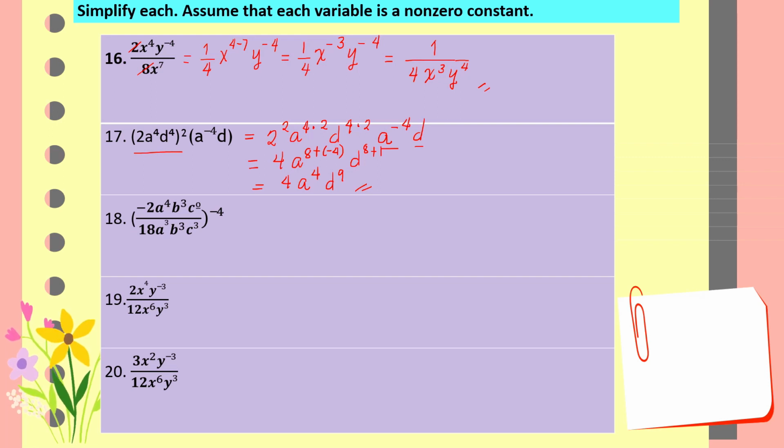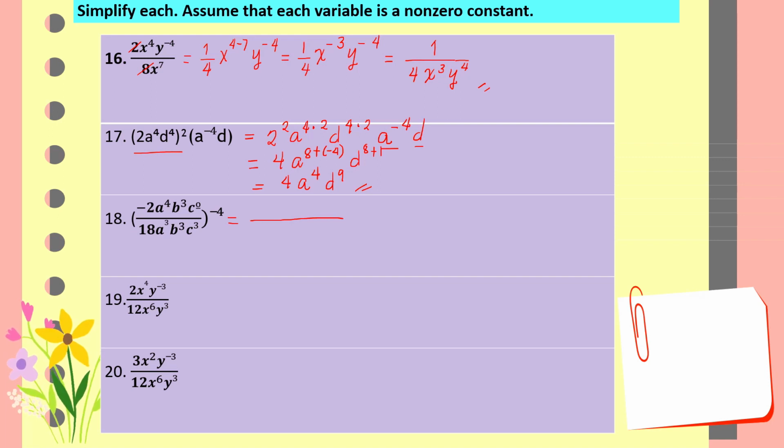How about for number 18? So for number 18, pwedeng dalawang method ang gamitin natin. So depende sa inyo kung anong gagamitin mo. You can simplify first yung nasa loob, or you can remove first the negative exponent. So, itry natin yung removing the negative exponent. In removing the negative exponent, ang gagawin lang natin is by getting the reciprocal. Paano yung reciprocal?